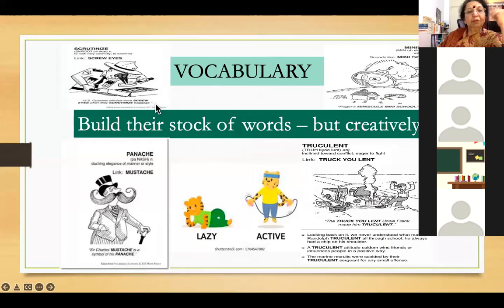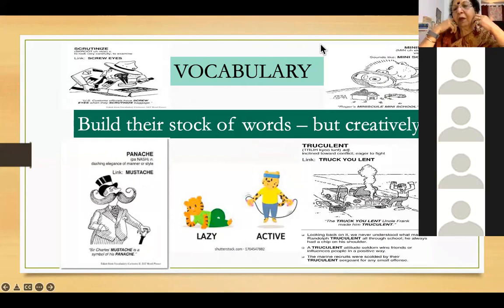Like here, I've got some beautiful ones, where it says panache, a dashing elegance of manner or style. And all his panache could be seen in the kind of mustache he had. So here, you're given the sound. When you're teaching vocabulary, you help them to articulate the word.